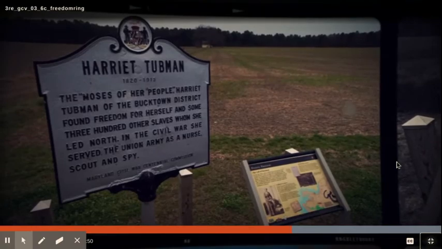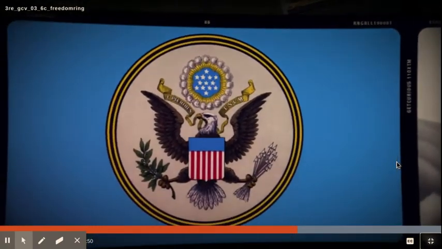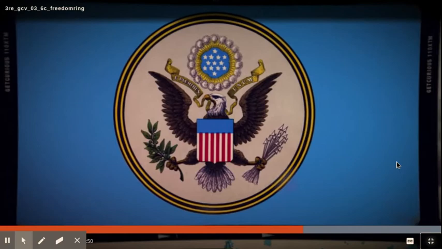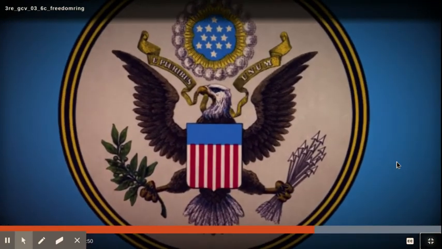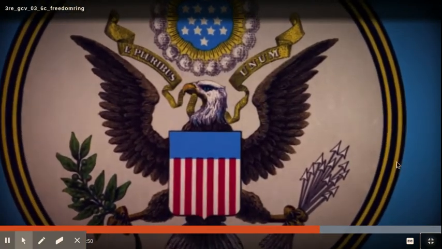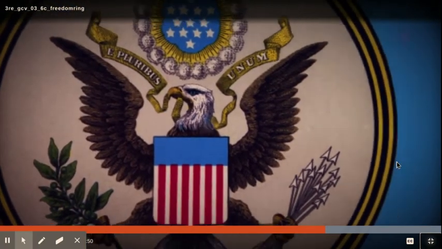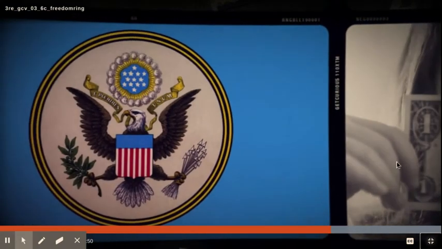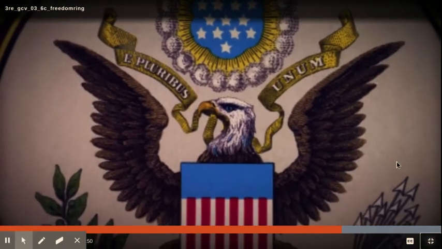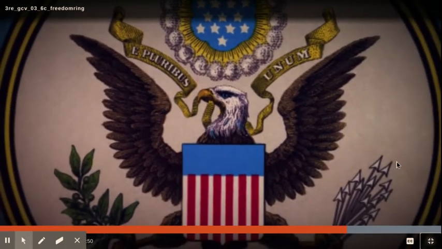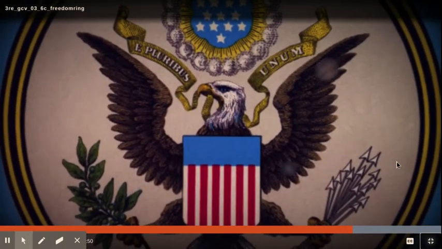Our next stop isn't exactly a stop. The Great Seal is a sign of our sovereignty. It's used on official documents to remind people that our country has the right to rule itself. Wait, before we go, see the Latin words on the scroll? E pluribus unum means one from many.